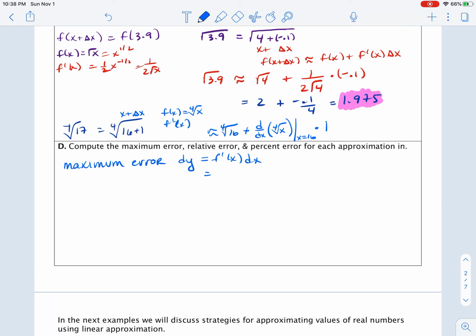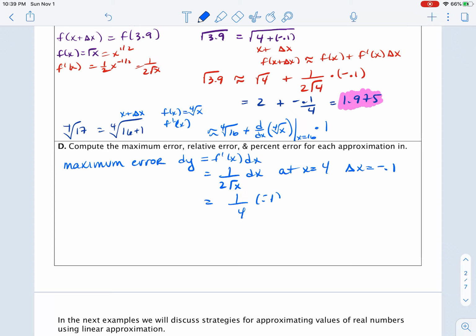And our dy, remember, is equal to f prime of x dx. So in this case, for the case of 3.9, we're using the square root of x. So this is going to be 1 over the square root of 2x times dx at x equal to 4 and delta x equal to minus 0.1.